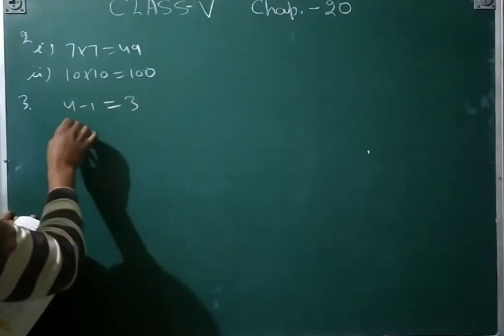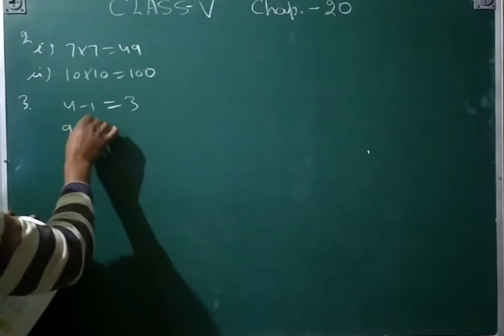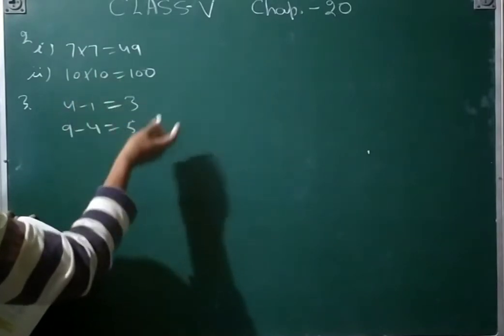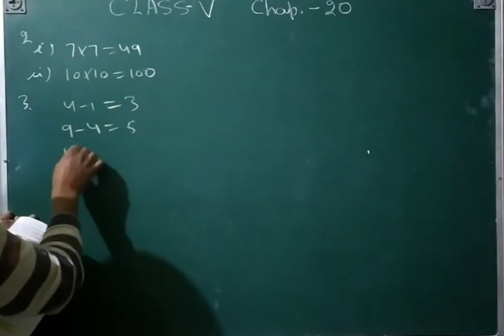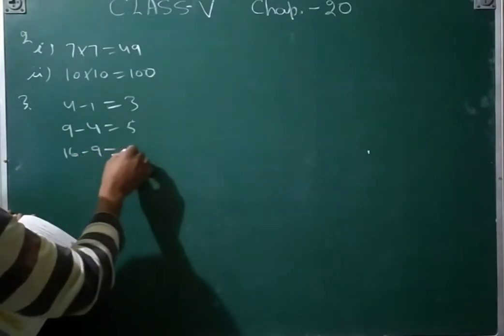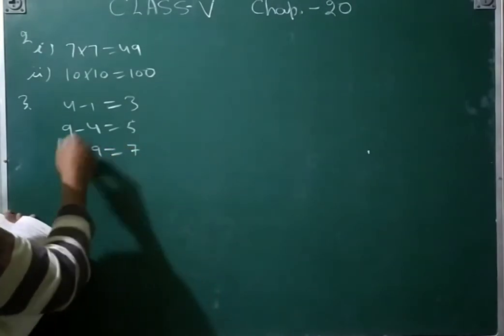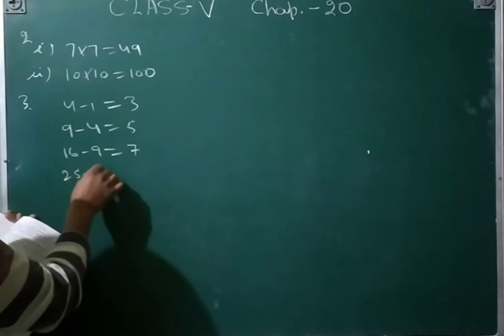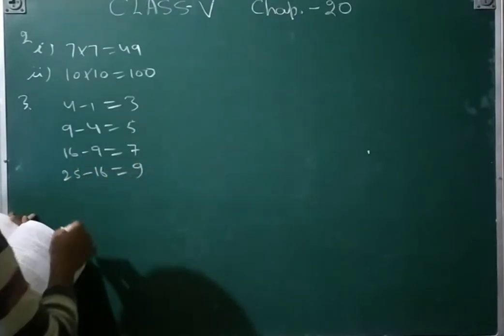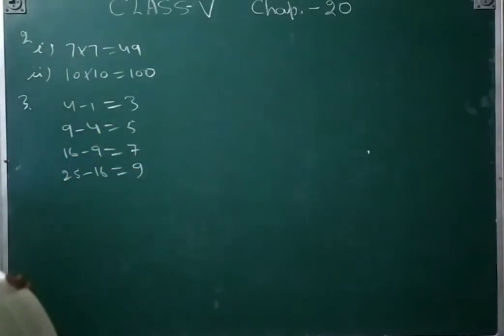And then the next square number is 9. 9 minus 4, that will be 5. And then the next square number is 16. 16 minus 9, that will be 7. And then the next number is 25. 25 minus 16 is equal to 9. So you are looking, all the numbers are coming odd.